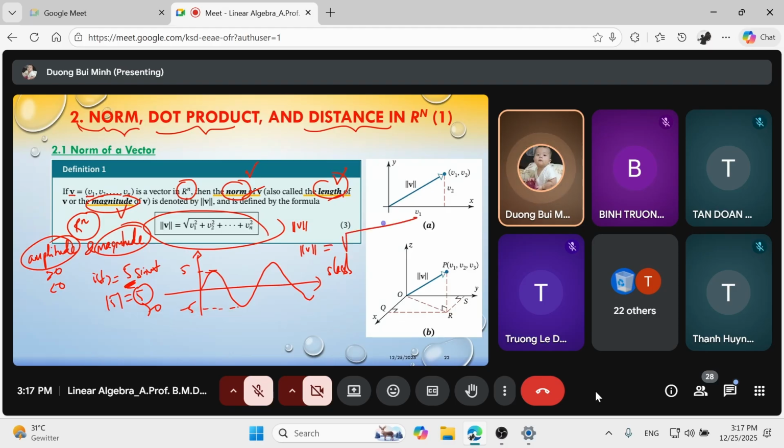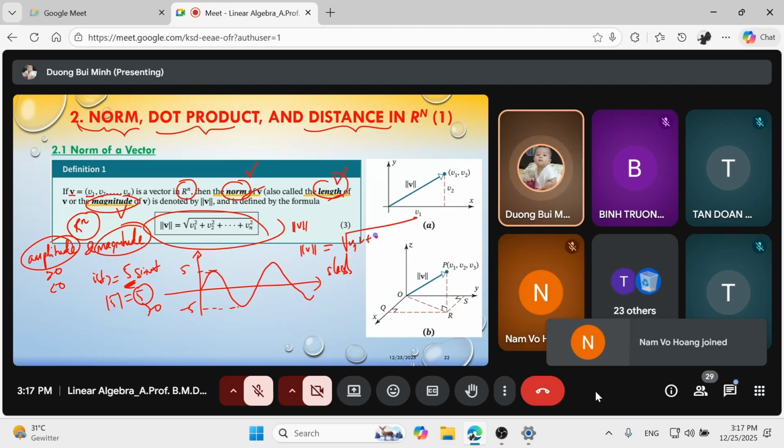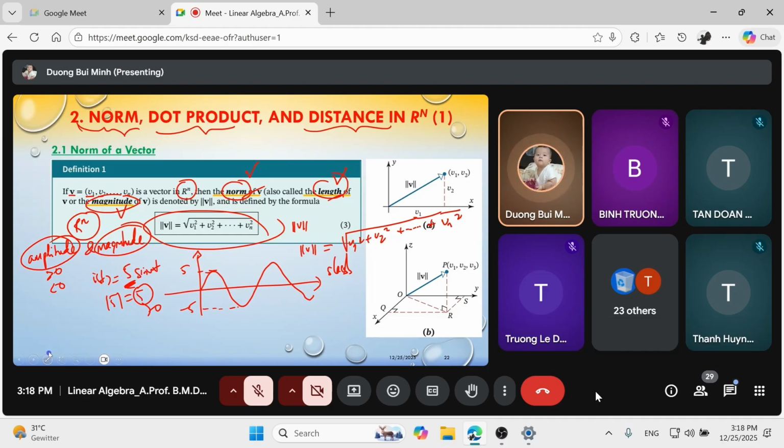Here we get the square root of V1 square plus V2 square plus up to Vn square, because we have n dimension. So we get the norm, or the magnitude. Similar to complex numbers, where we calculate absolute values, like the absolute value of x.